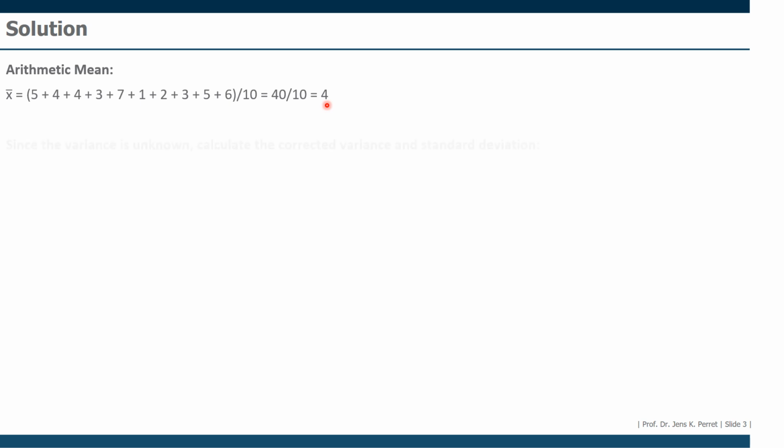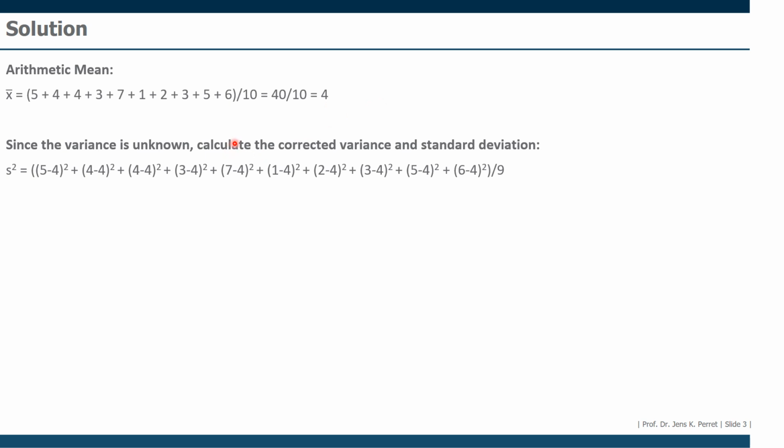But before we get there, we do not have any information on the variance or the standard deviation, so we have to calculate this. I'm going to do this in a very easy way by subtracting the arithmetic mean we just calculated from each value and then squaring the result. I do this for each value and then add up all the partial results.